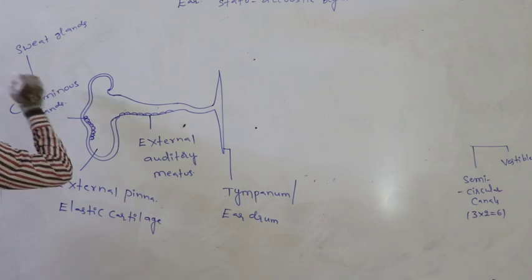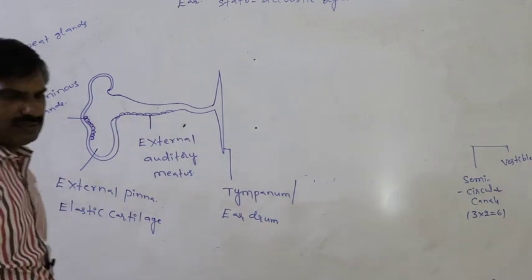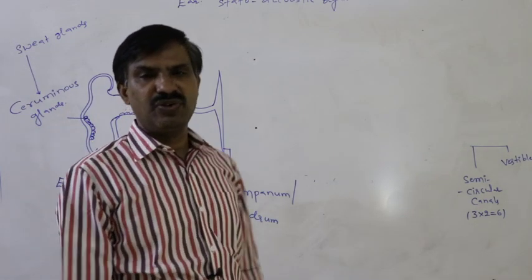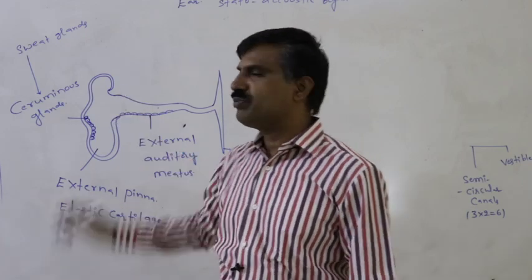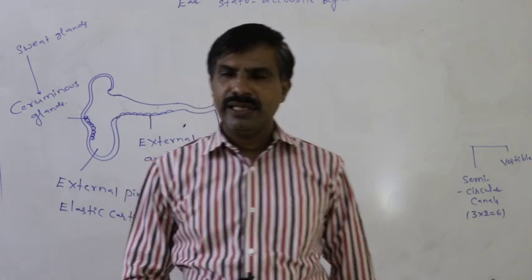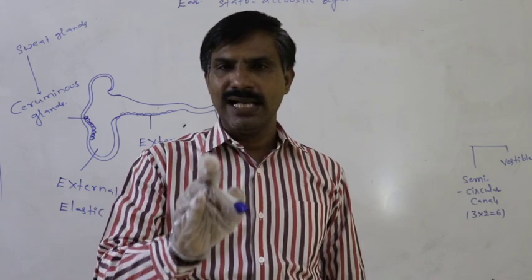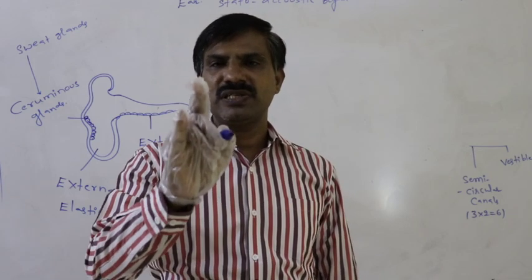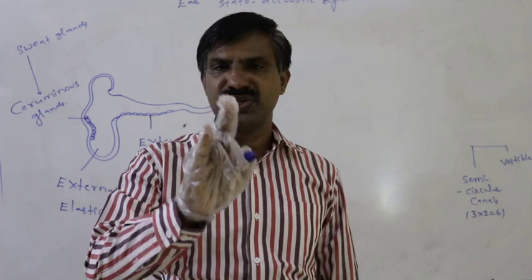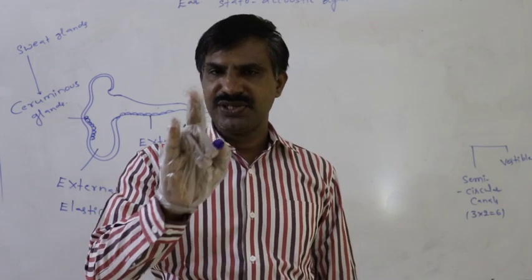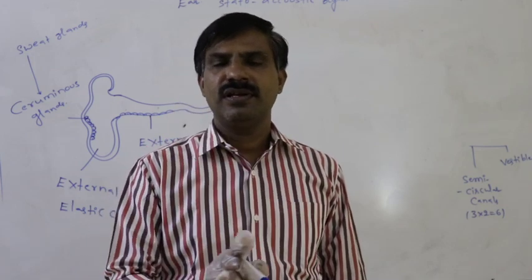Definitely sweat glands, which are present in our skin, get modified to form the ceruminous glands. In your textbook, they may be given as ceruminous glands or modified sebaceous glands. But there is a correction as per NCERT.